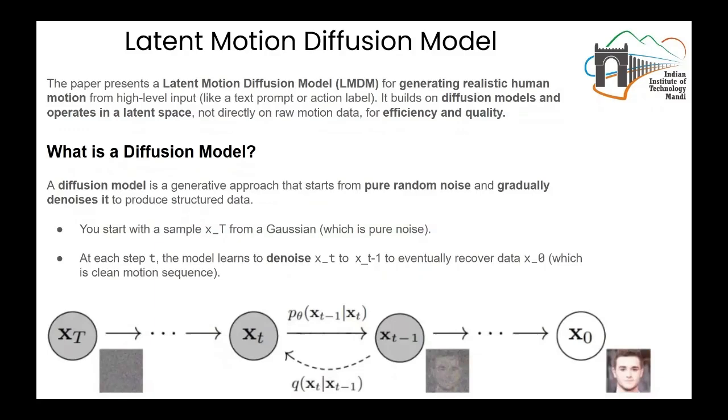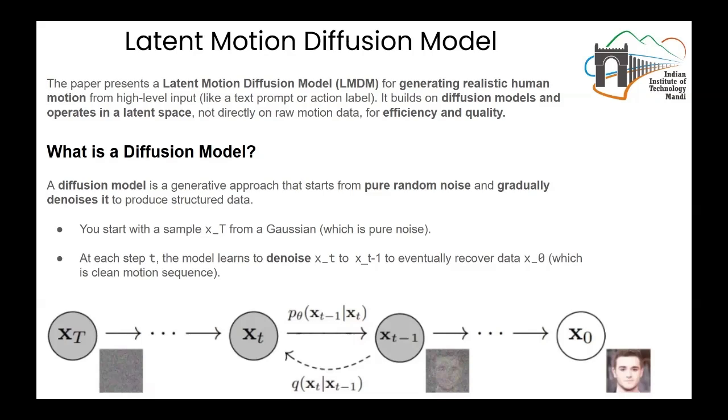So now let's talk about the motion diffusion model. This paper uses a motion diffusion model for generating realistic human motion sequences. It applies the diffusion model on the latent space instead of directly on raw motion data. So, firstly, let's understand what a diffusion model is.